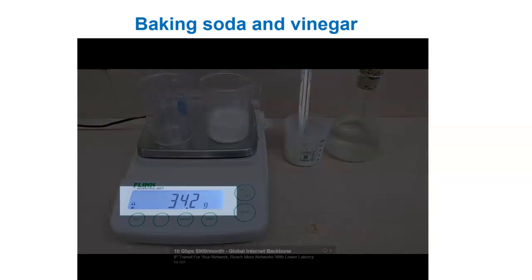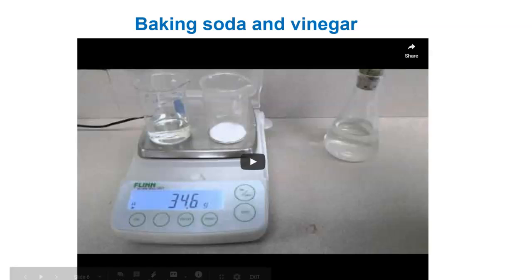And make sure you record 34.2 grams as your product.